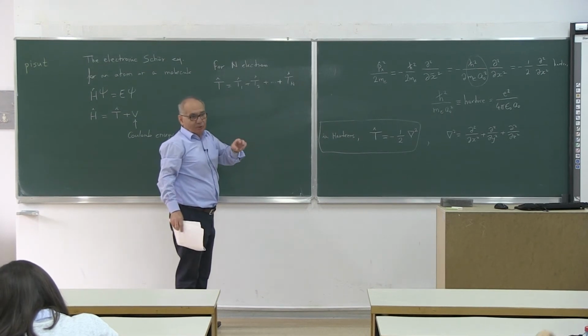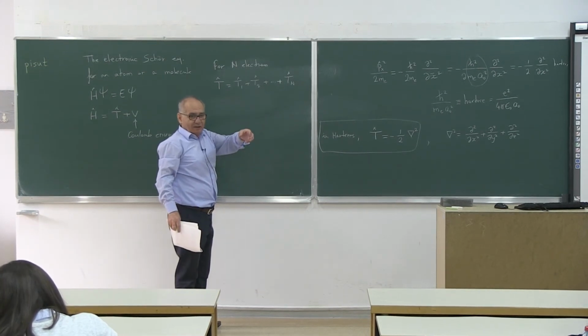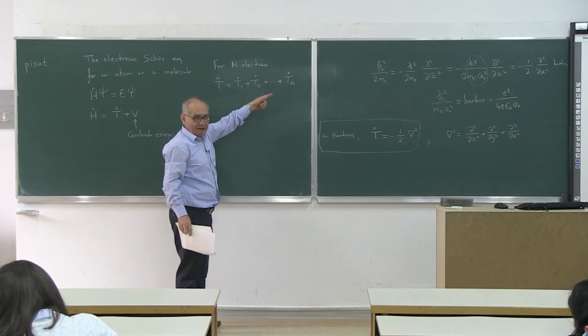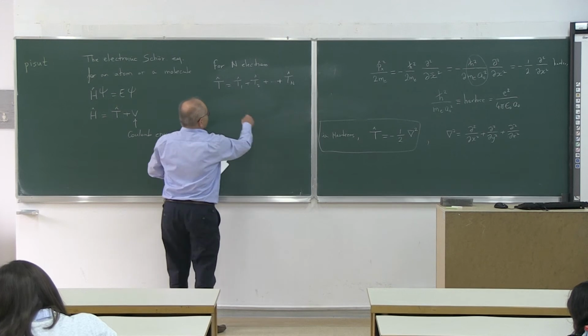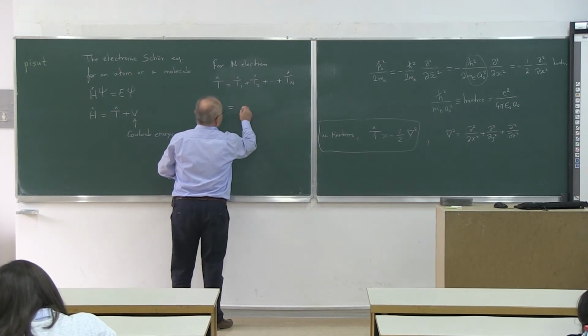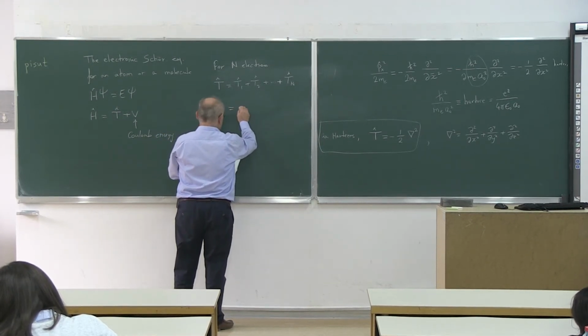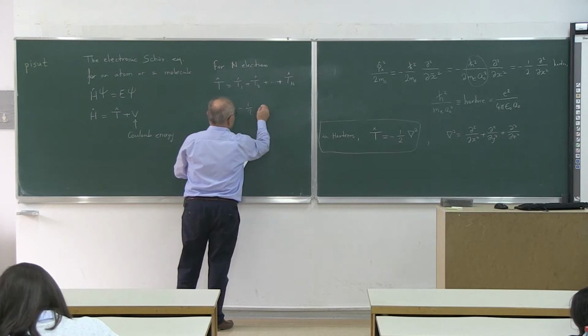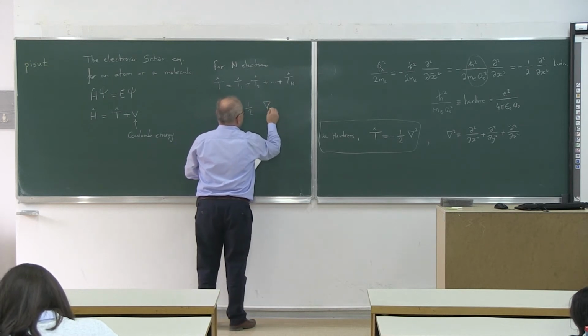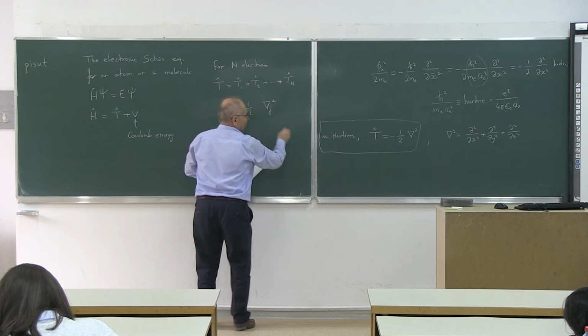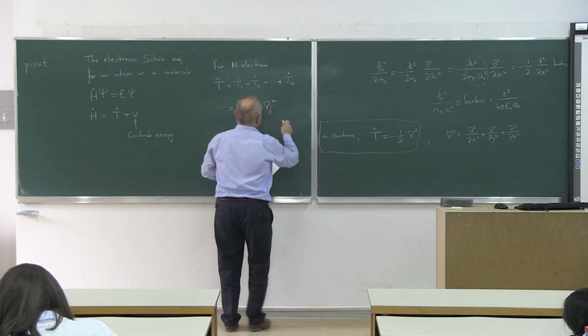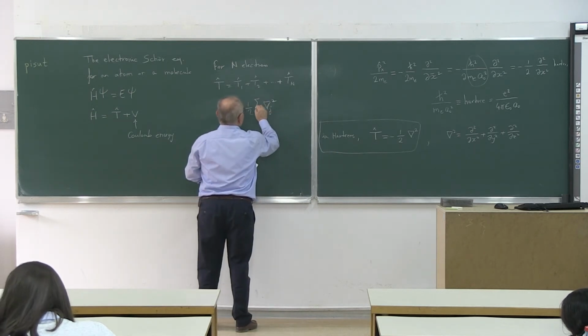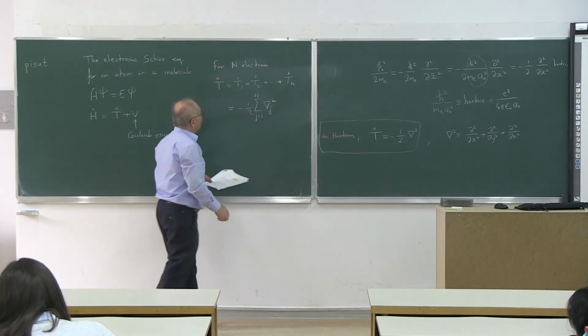We label the electrons, of course, by the integers 1, 2, 3, up to n. So explicitly, this is simply minus 1 over 2 times del J square. And we simply add up from J equals 1 up to n.